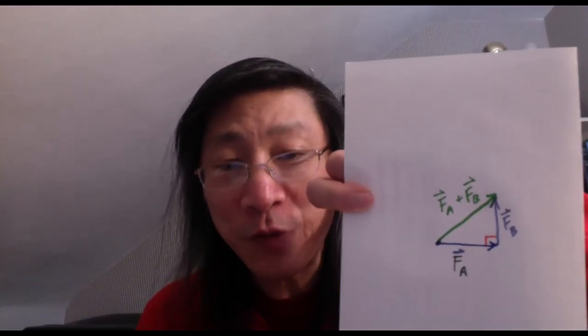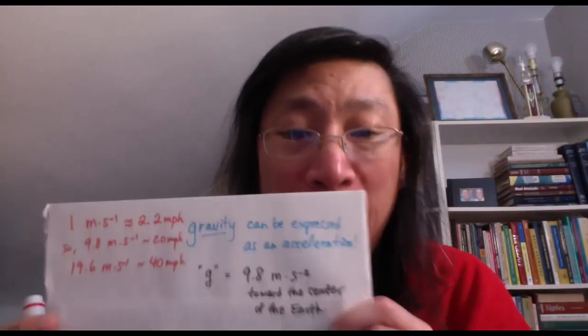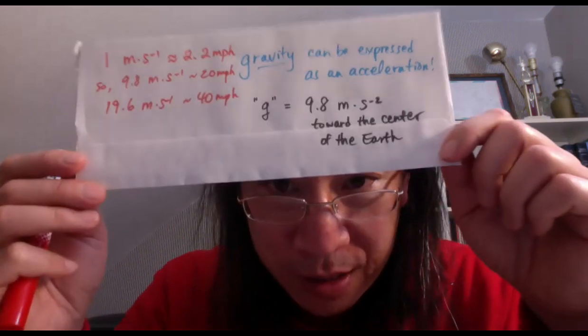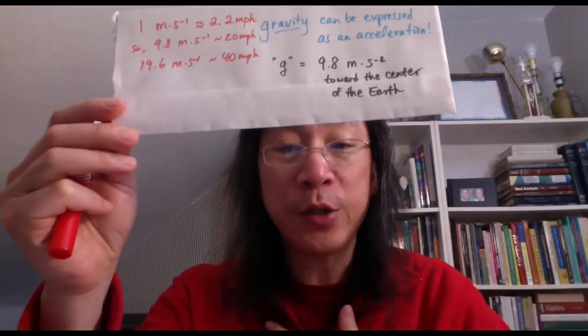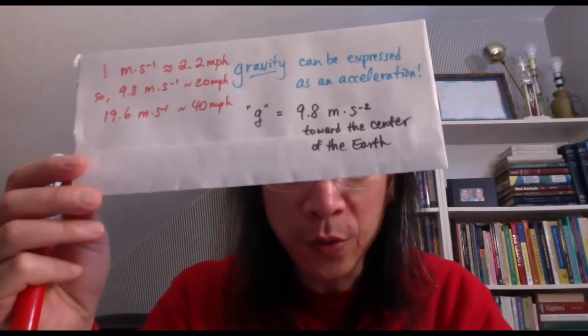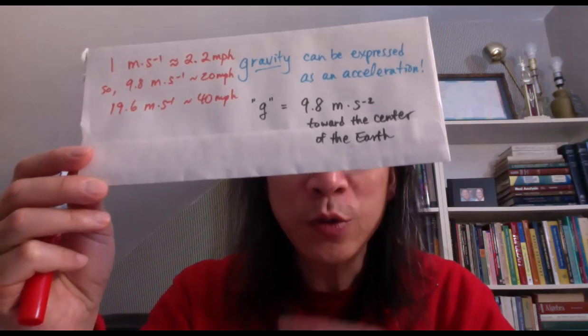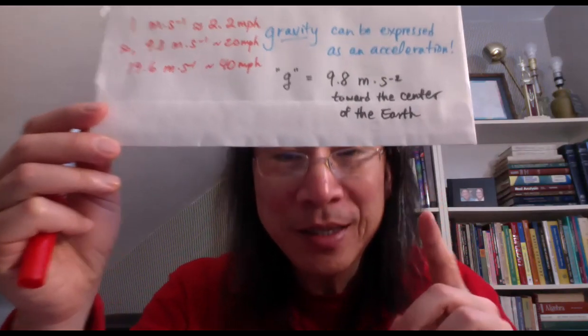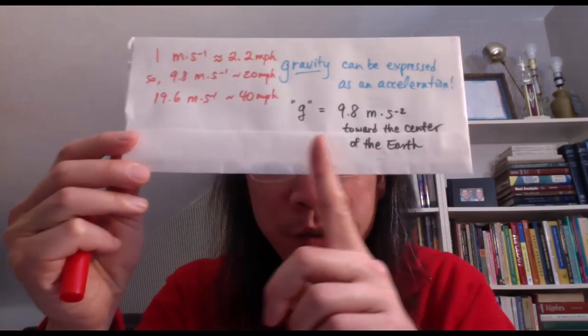And so you use this sort of geometric way to do it. And then Earth's gravity can be expressed as an acceleration. And so we feel gravitational force equal to our mass times the acceleration of gravity, which is often given by the lowercase letter g.